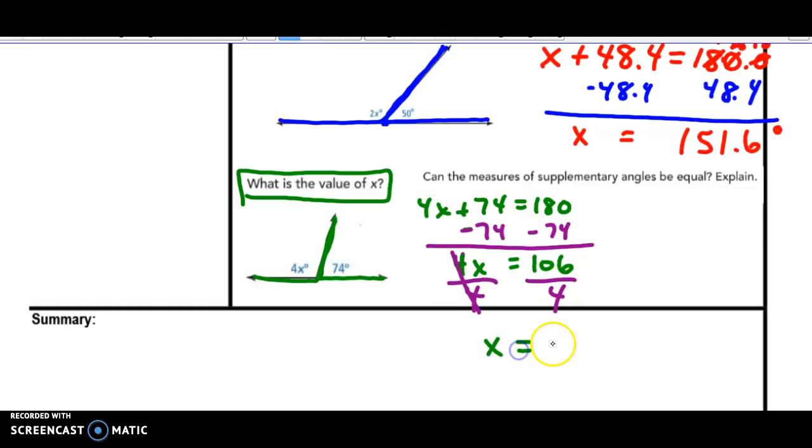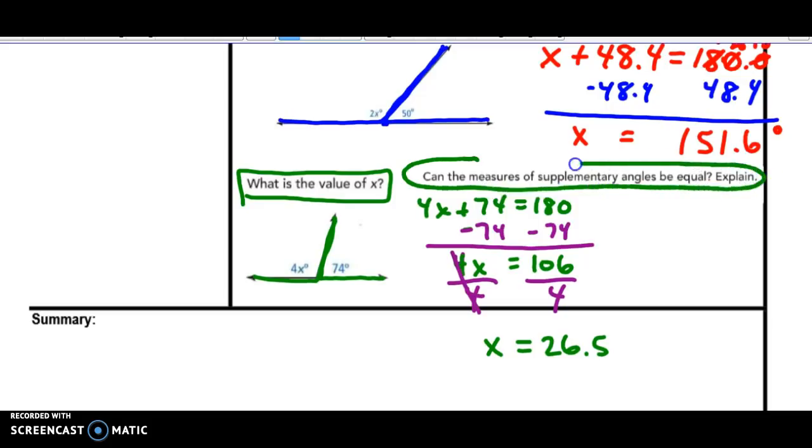And 106 divided by 4 is 26.5. So the value of x would be 26.5. Your final question to consider is, can the measures of supplementary angles be equal?